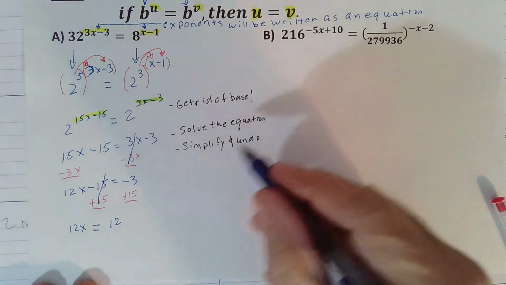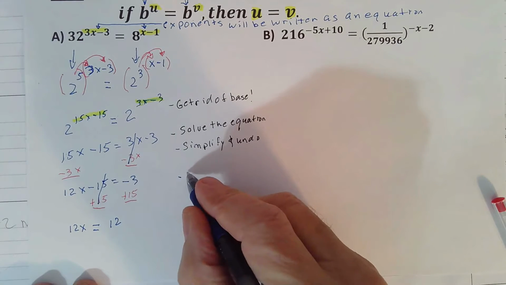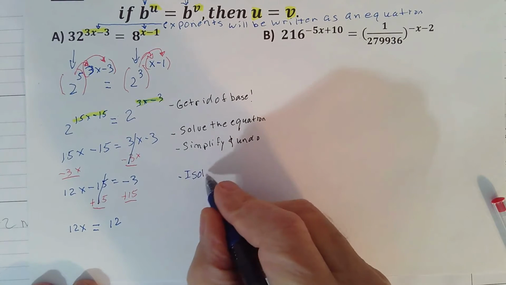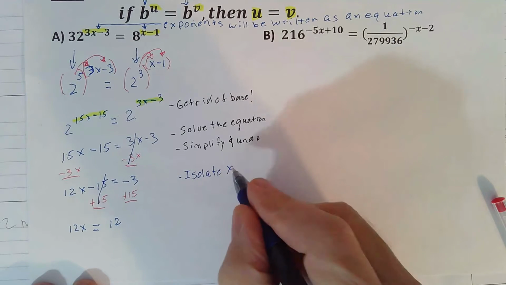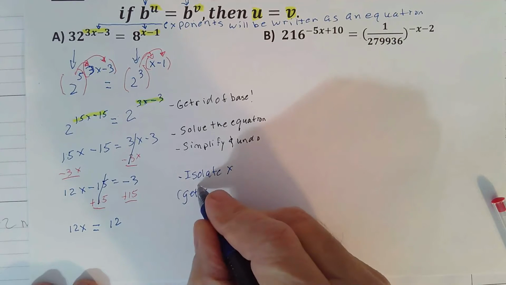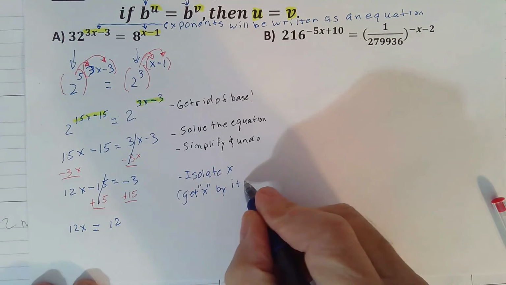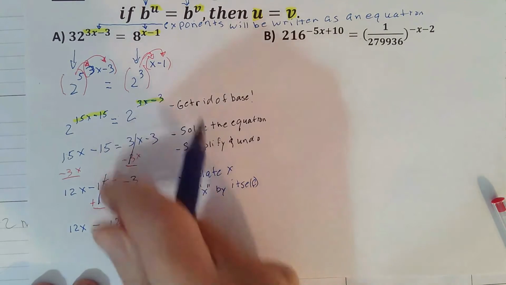I want to, again, I'm solving the equation, simplifying and undoing. So what I want to do is isolate x, meaning get it by itself. And that's the process that I've been doing here.